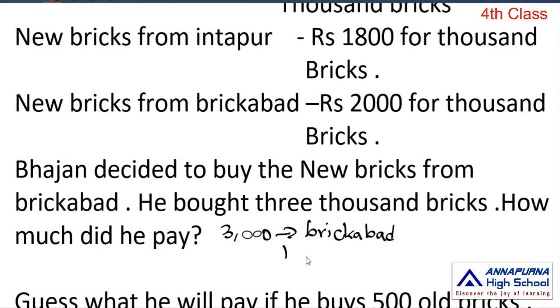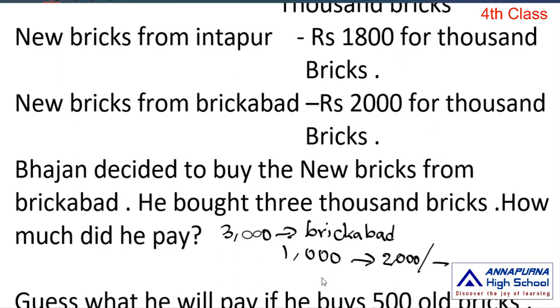In Brickabad, 1000 bricks are how much? 2000 rupees. The cost of 1000 bricks is 2000. So he bought how many bricks? 3000 bricks. And what he said, ma, is to do this without writing.